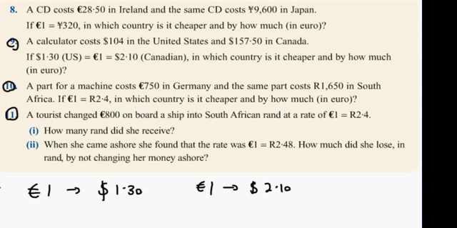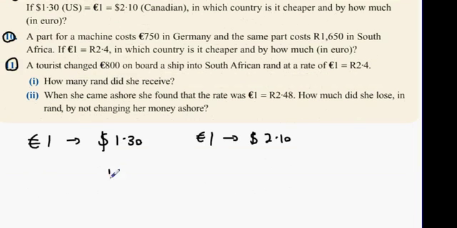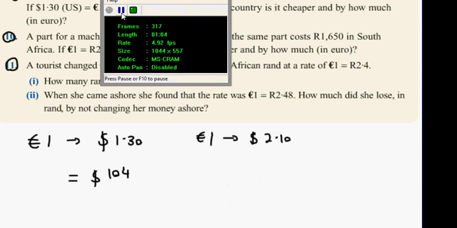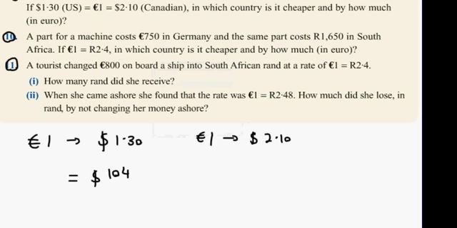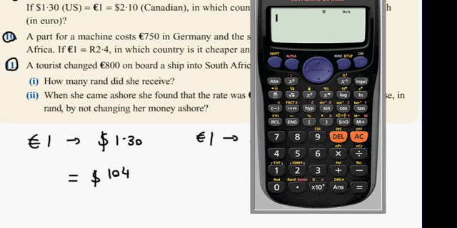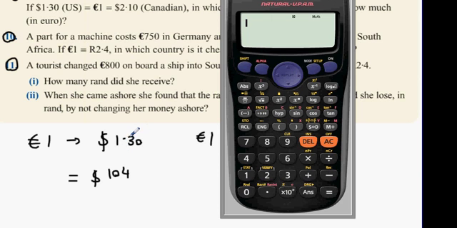Now, here's what we're going to do, guys. In America, we have $104. Is it going to be a smaller number or a bigger number when converted to euro? Smaller. So you have two choices. What you guys told me earlier was that you can either multiply by 1.3 or divide by 1.3.